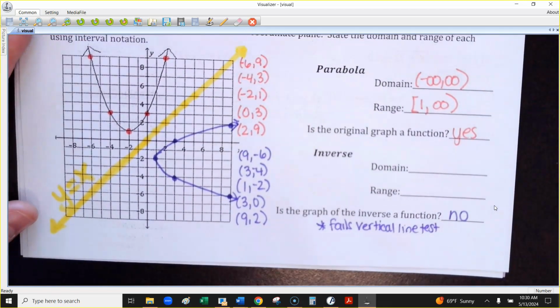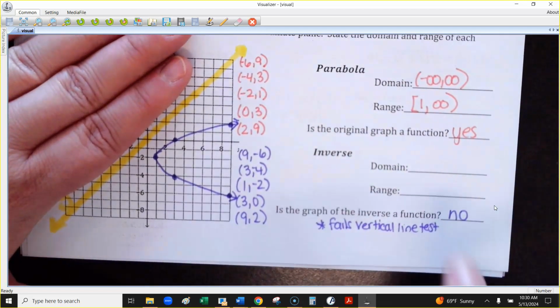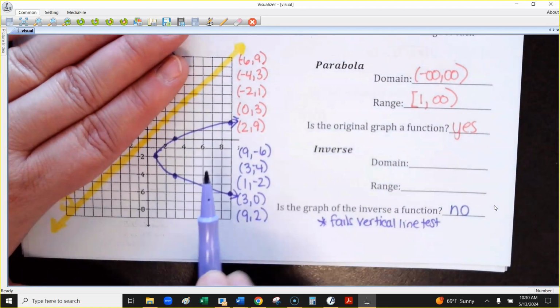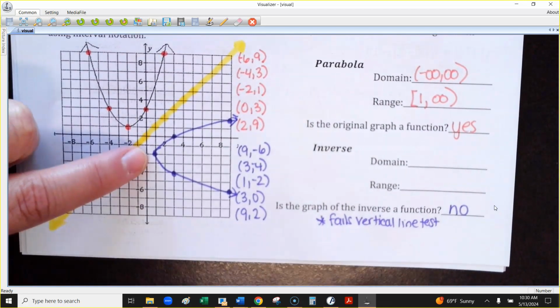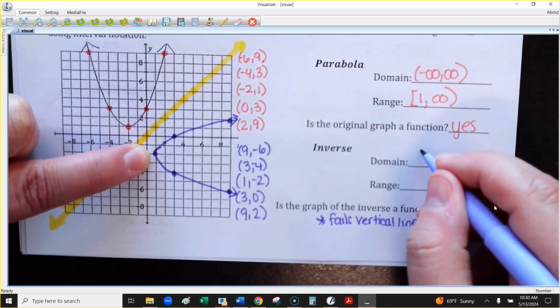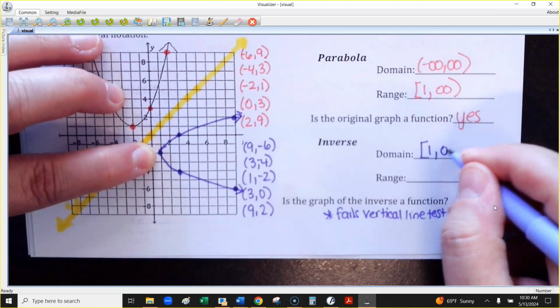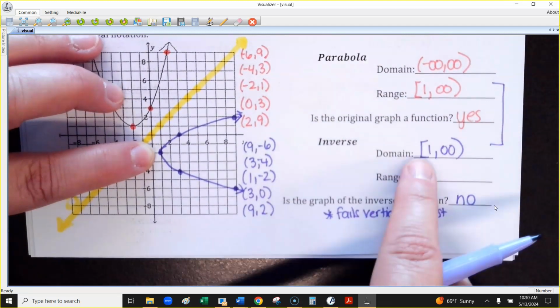All right, now the domain and range, just for this purple graph I did here, should be flipped from this. So just to check, for the domain of this purple graph, you don't touch any part of it until you get to the x value, and that is 1, and then the rest of the graph goes to the right forever, so that's going to infinity. So the range of the original should be the domain of the inverse.